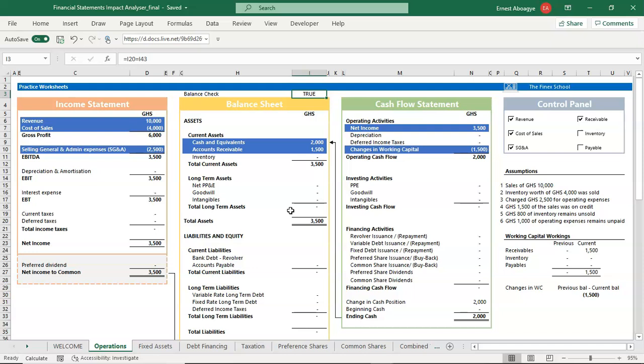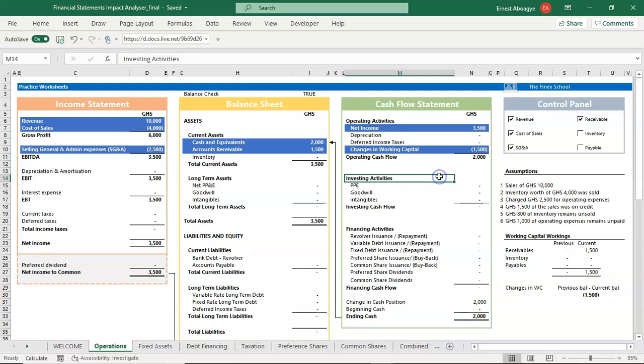Now let me explain that section again. The profit is split between what was generated out of cash and what wasn't. We had made a credit sale, so we need to reduce the net income line to get the actual cash flow from it. So that is how this impacts it.